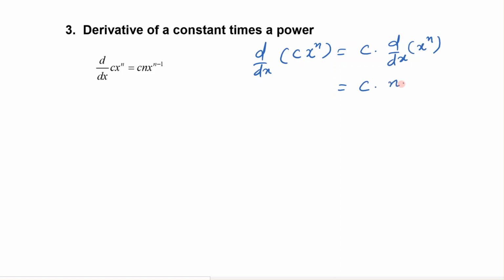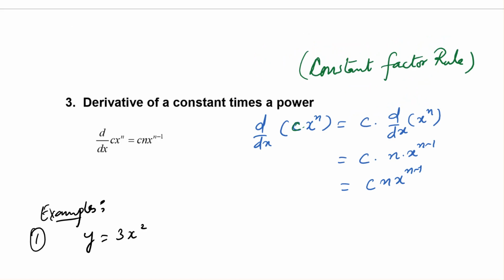Bring the power down and decrease the power by 1. Thus we get c times x raised to power n minus 1.